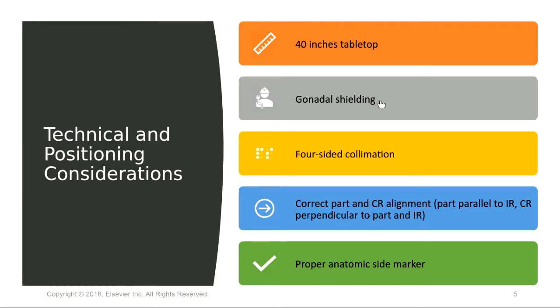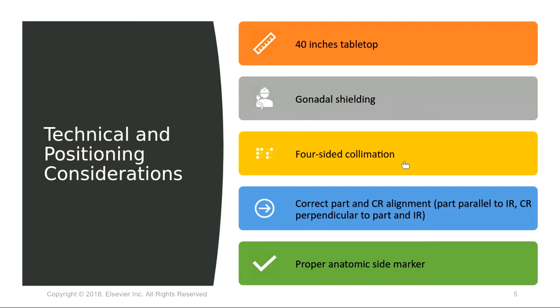And so gonadal shielding is important. Not only is it important, but it's important to tuck it between the legs, especially on some of these where we have quite a steep angle towards that area. You just want to make sure that you absolutely shield the patient, and that it's appropriate shielding, not just laying on top of them, but actually covering the anatomy you intend to shield.